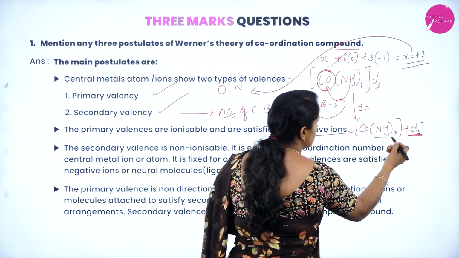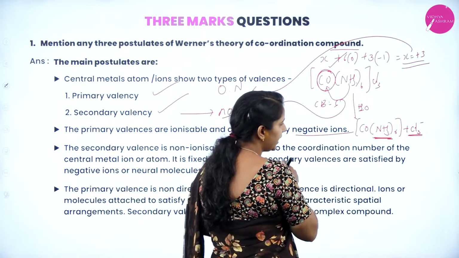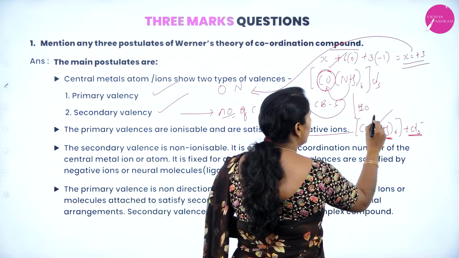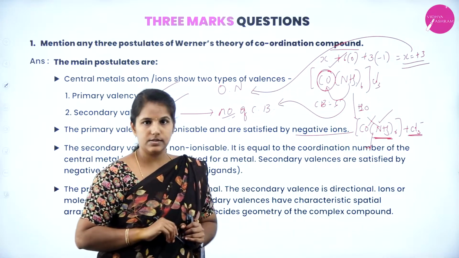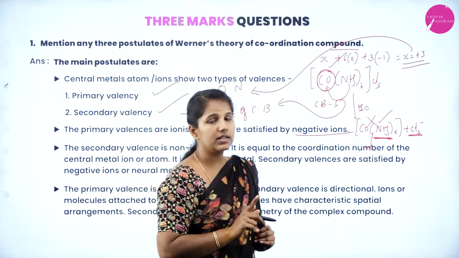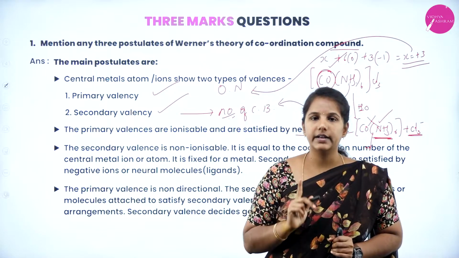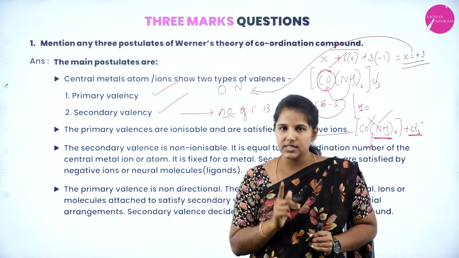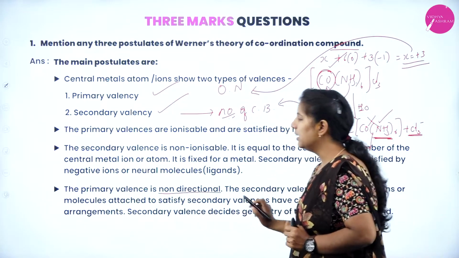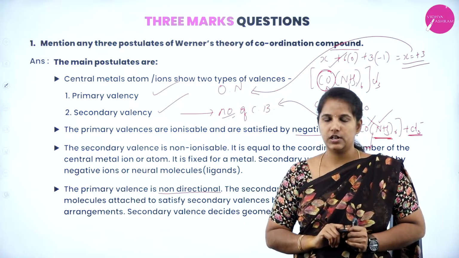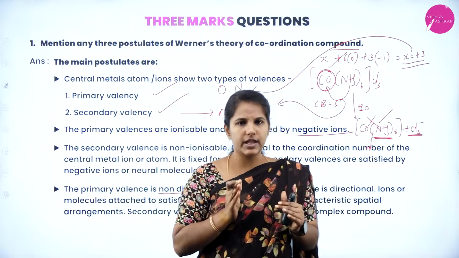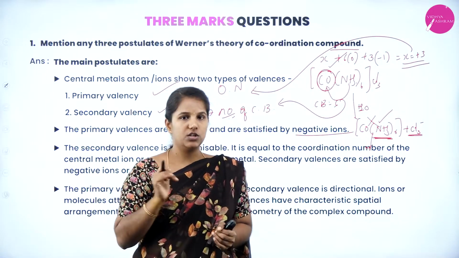Whereas the secondary valency is formed by the ligands only. It is always balanced by the ligands only, and if you dissolve it in water, it will not be ionized. It will remain as such. This indicates that the secondary valency is non-ionizable and cannot be balanced by negative charge. It is balanced by ligands only. And they said that primary valency is non-directional, whereas secondary valency is directional, because the secondary valency tells about the geometry of the complex.